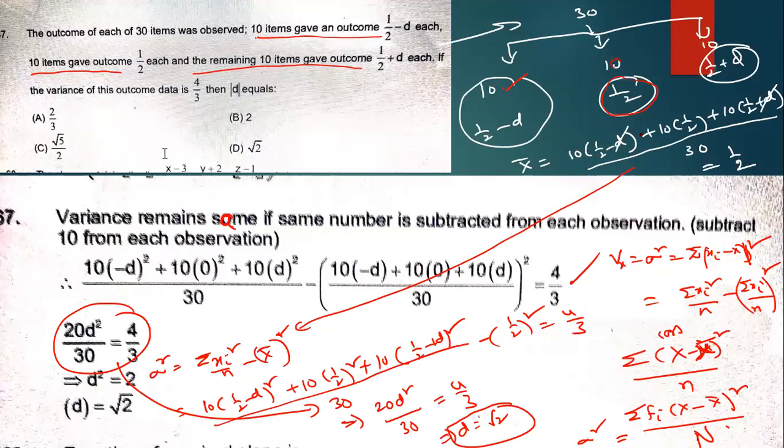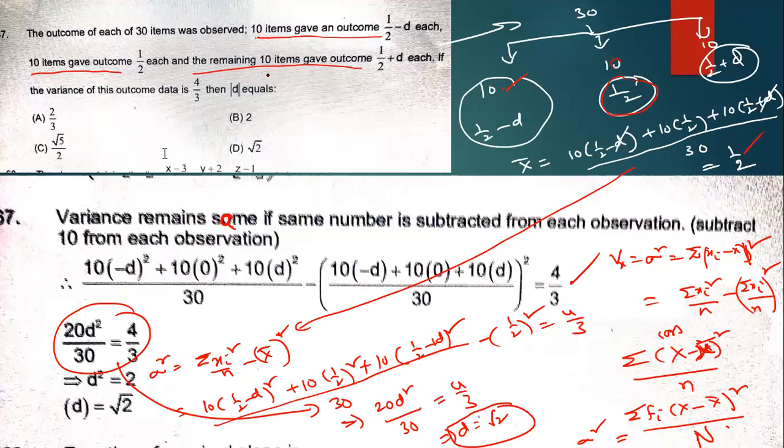That is the meaning. So finding the average means sigma Fi Xi by sigma Fi, the sum of the frequencies. How much is coming here? 10 by 2 plus 10 by 2 plus 10 by 2, whole divided by 30, means 1 by 2 is coming. So I'm using the formula.